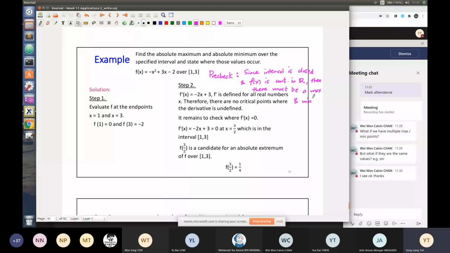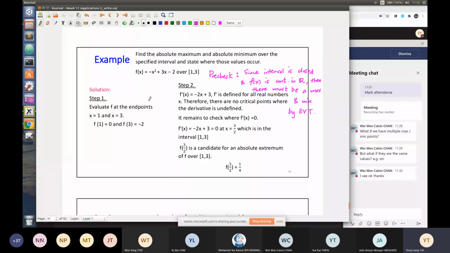A well-defined maximum and minimum in the interval, by the extreme value theorem. So therefore you are definitely going to get some finite values of your min and max.